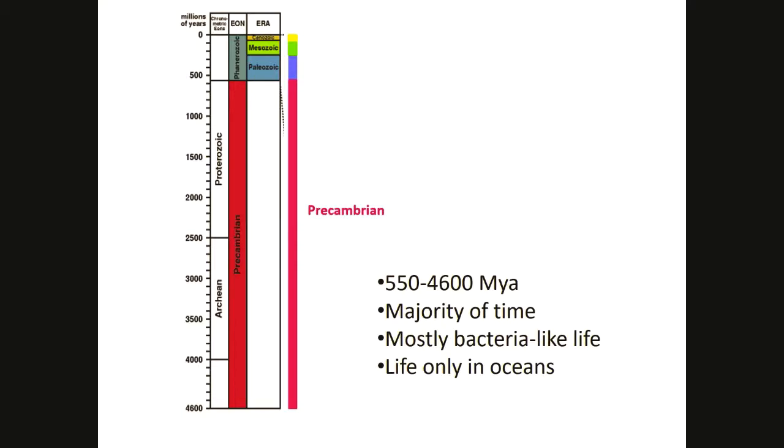So there are photosynthetic bacteria, and there's also some photosynthetic algae. And all this life lived in the oceans. So no complex multicellular organisms really for most of the Precambrian. At the very, very end, multicellular organisms arise.